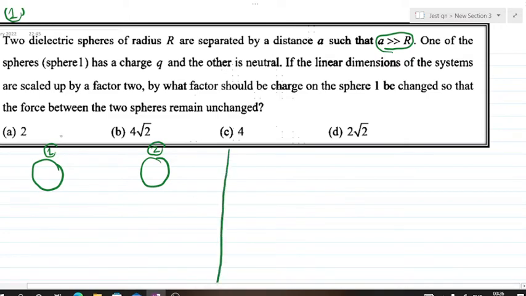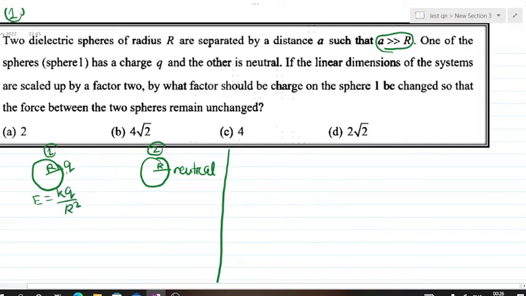Let us draw according to the question. Sphere 1 of radius r, sphere 2 also has radius r, with sphere 1 bearing charge q and sphere 2 neutral. Both are dielectric, so due to this charge q, it produces an electric field on its surface, equal to q by r square.